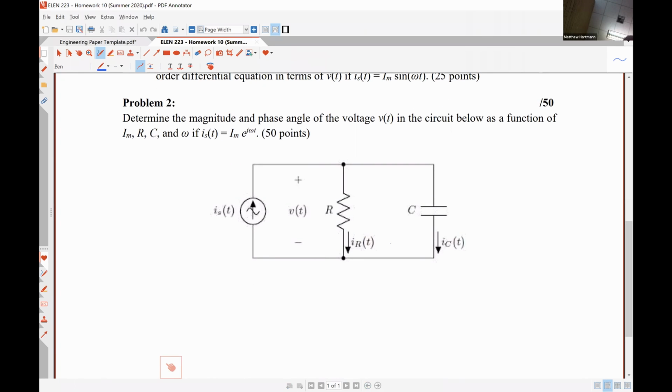This one is a bit more tricky. We are asked to determine the magnitude and phase angle of the voltage v(t) in the circuit below as a function of the current magnitude and the values of R and C and omega for an exponential excitation function.